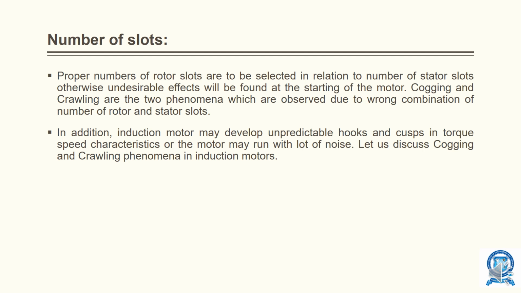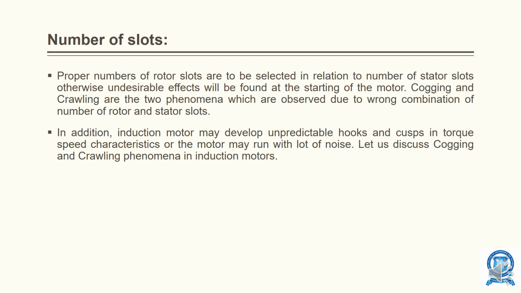So in rotor we have some slots. The number of slots in rotor is chosen in a particular fashion. Proper number of rotor slots are to be selected in relation to the number of stator slots. Otherwise, undesirable effects will be found at the starting of motor. Cogging and crawling are two phenomena which are observed due to wrong combination of number of rotor and stator slots.